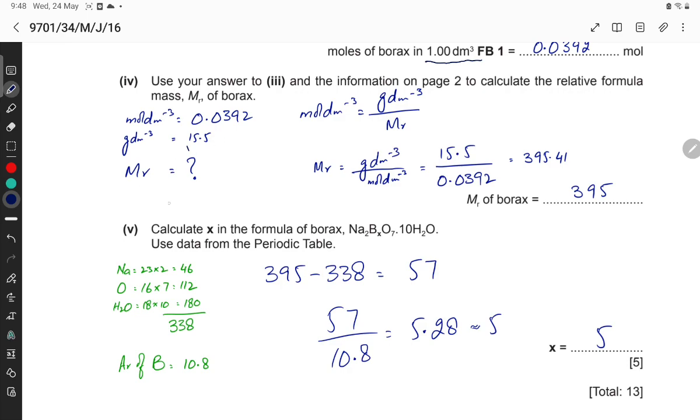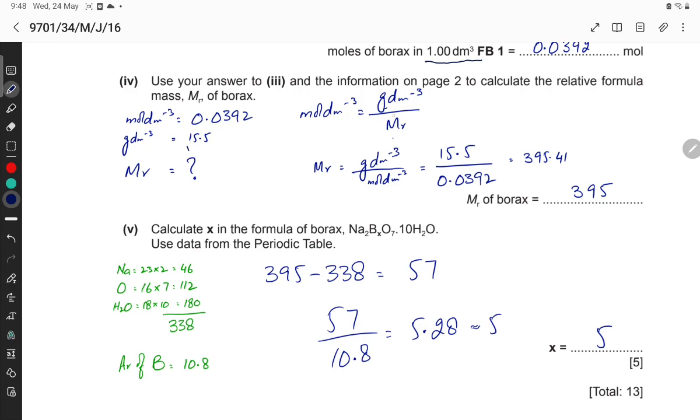First convert this into grams per dm³ over Mr to calculate moles per dm³.